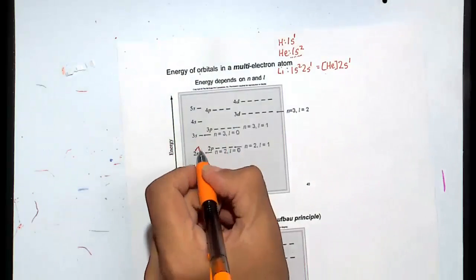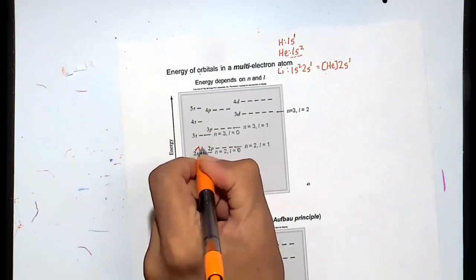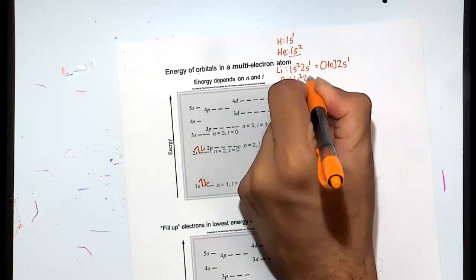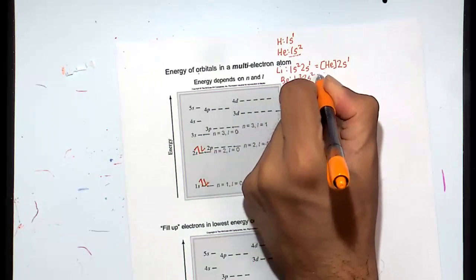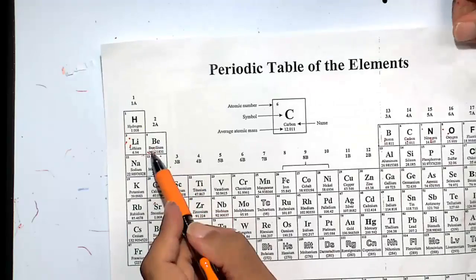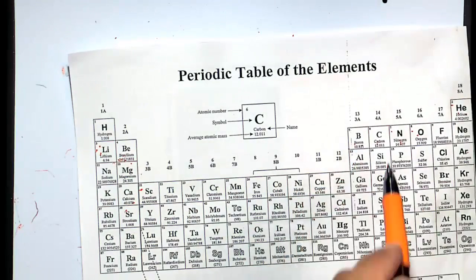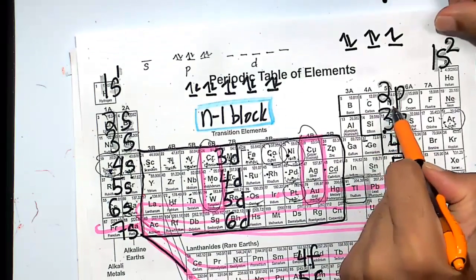All right, next on this list is beryllium. So that's 4 electrons. 1, 2, 3, 4. Beryllium is 1s2, 2s2. It's going to be helium 2s2. All right, from beryllium, we're going to go to boron. What do we fill after 2s? What comes next? 2p.